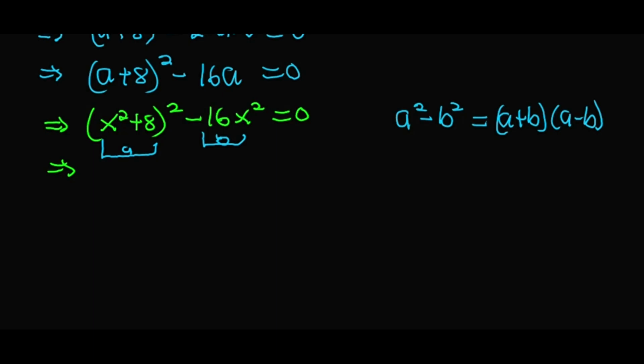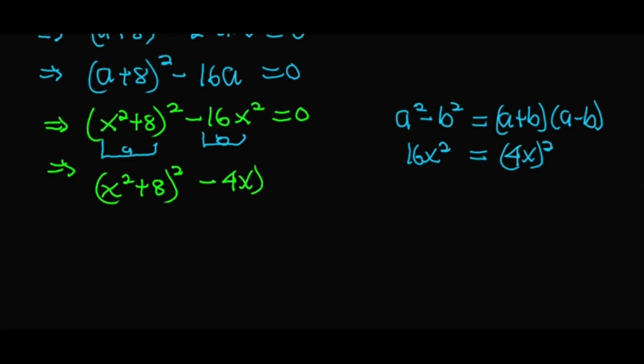But here 16x squared can be expressed as 4x squared. So this implies we have x squared plus 8 squared minus 4x squared equals 0. Then we apply the rule here.